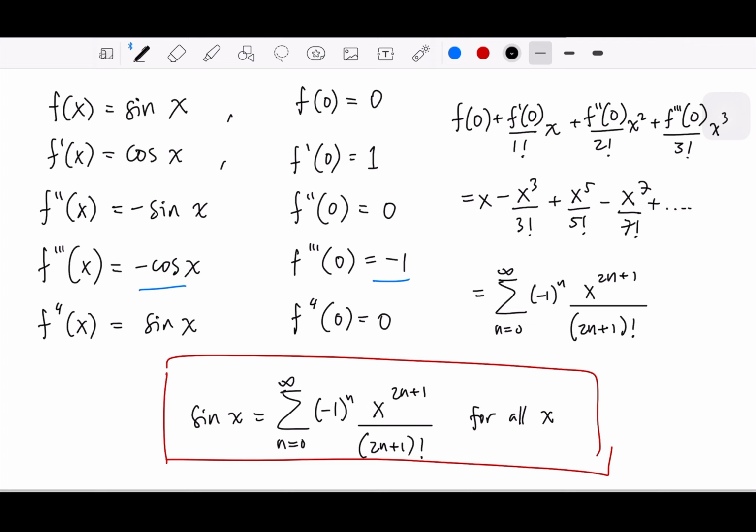So to represent a function as a power series, if we conclude from the previous section, we have 1 over 1 minus x. We have also ln of 1 plus x, 1 over 1 plus x squared, and we derived the 1 minus x.